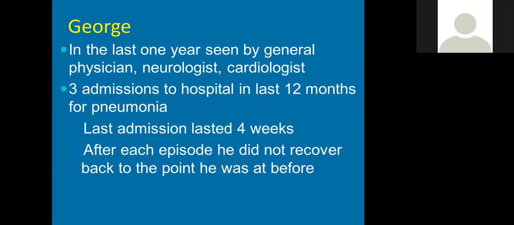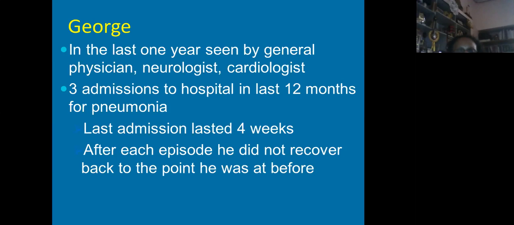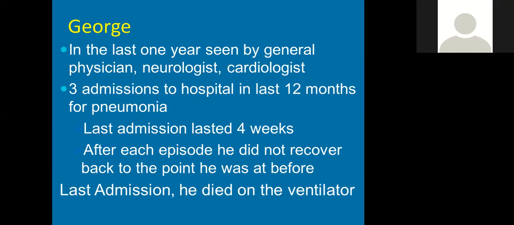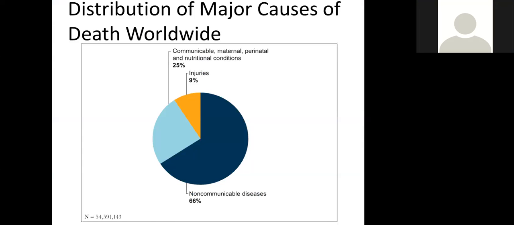During that period, his condition became so bad, his respiratory distress so profound, that he was put on a ventilator, and he died there. So this is a very typical case of dementia.